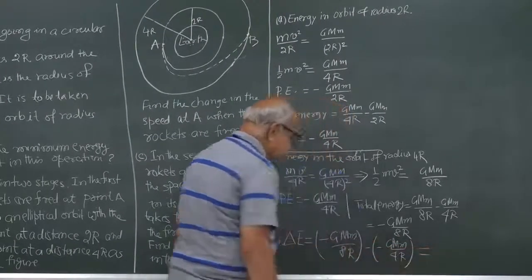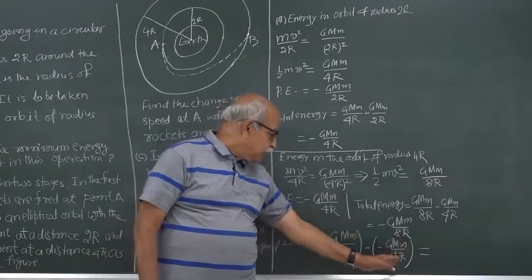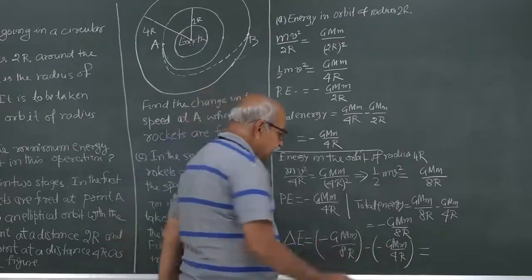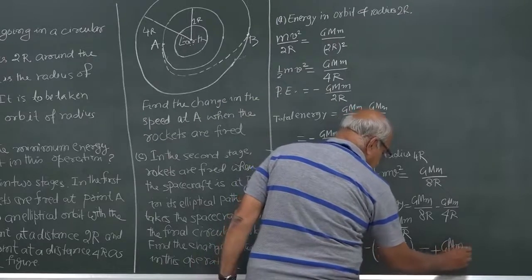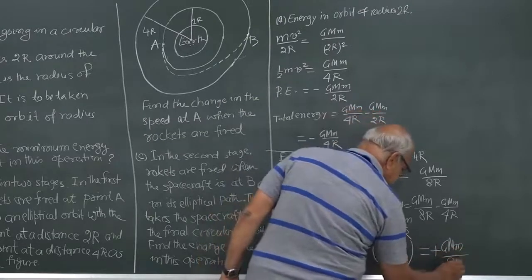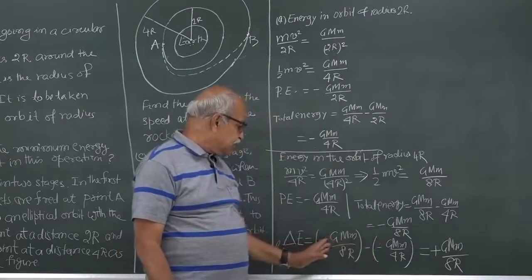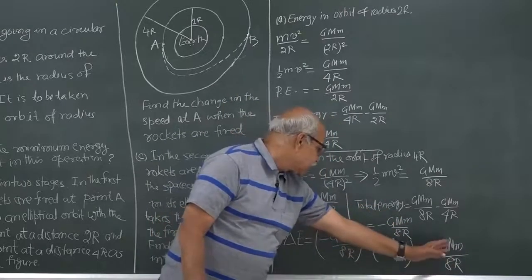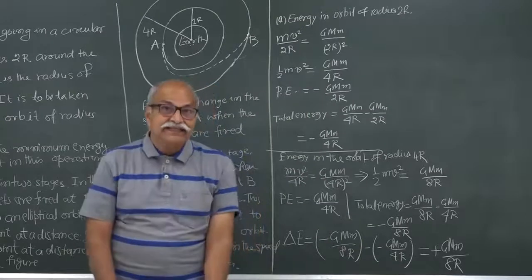And how much is this? This is G M m by 4r minus G M m by 8r, so it is plus G M m by 8r. If this goes to that side, it will add, and then it will be double of this. So, this much is the increase in energy.